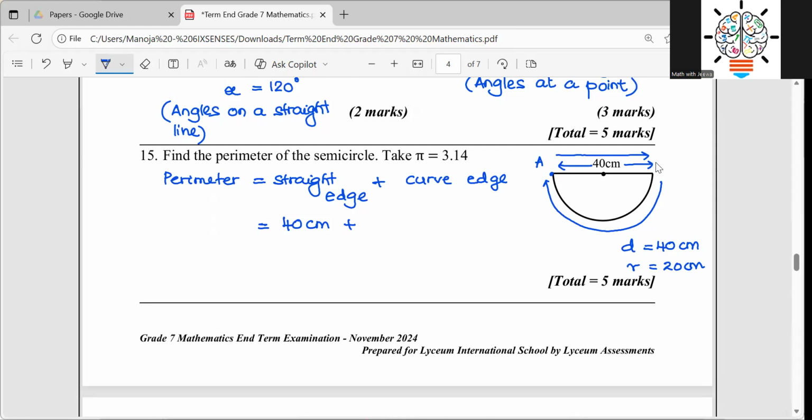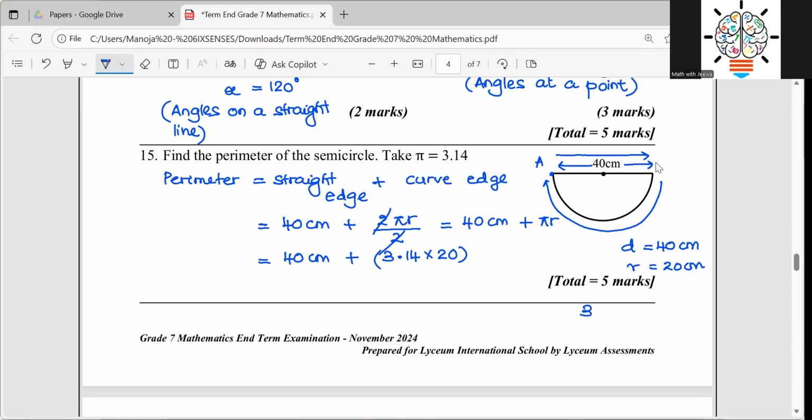So then the full circle circumference, children, is 2 pi r. But here you don't have the full circle, you have only half of that. Therefore, you divide this by 2. And then this 2 and 2 you can cancel. So the next step you can write 40 centimeters plus pi r. Now I'm going to substitute pi r, meaning pi times r, 3.14 times 20, right?